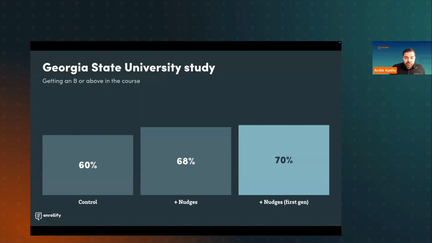When they introduced nudges, 2 to 3 nudges a week, telling people, hey, your assignment is due, or go fill in your assignment, that rose to about 68% of getting a B or above in that course. I think it was actually more than 70, an increase of 10% plus, when this was applied to first generation students. So those first generation students needed even more encouragement. The impact was even higher there.